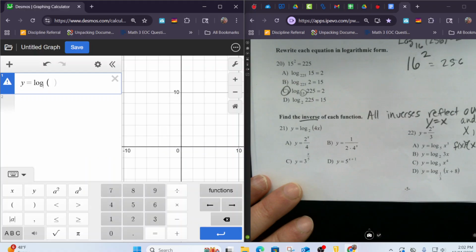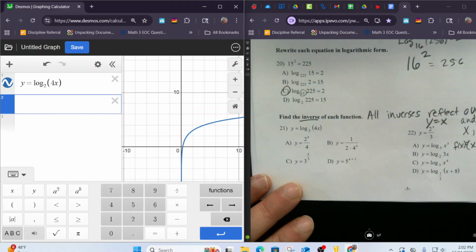Remember, if you have a base here, you have to use log base A. Does anybody remember what the base is if there's no base? It's 10. If you don't have a base, it's 10.